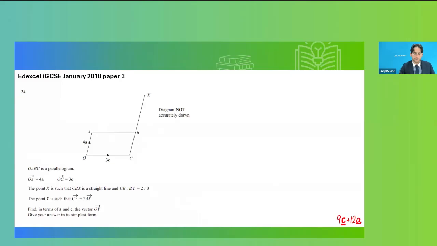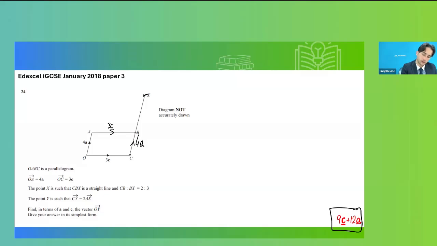So here is a question to look at. I know the answer's in the corner, but I want to work this through. So what it says is OABC is a parallelogram. So OA is 4A. That obviously means that this is actually 4A as well. And that's 3C. And then it says CB to BX, here's our ratio again, and we have to be careful, that to that, that to that, is the ratio 2 to 3.